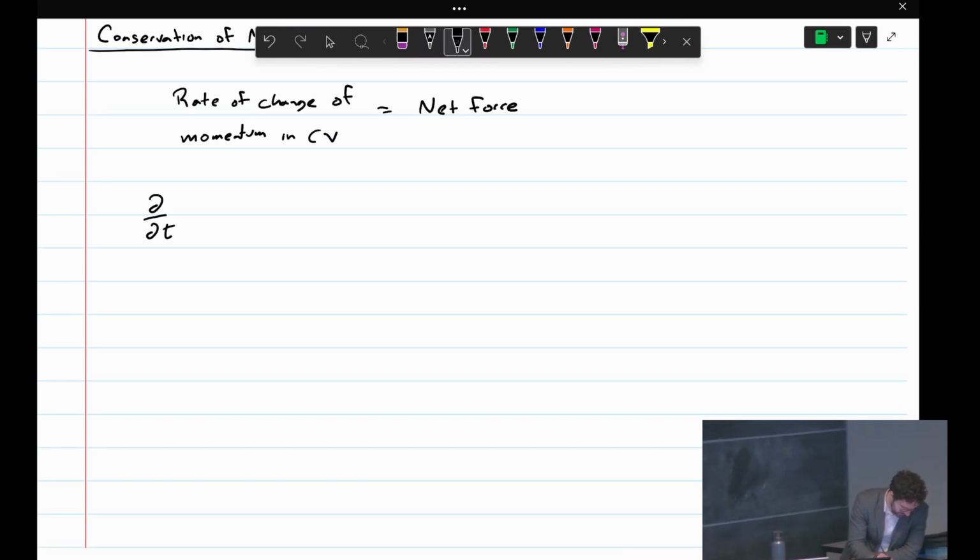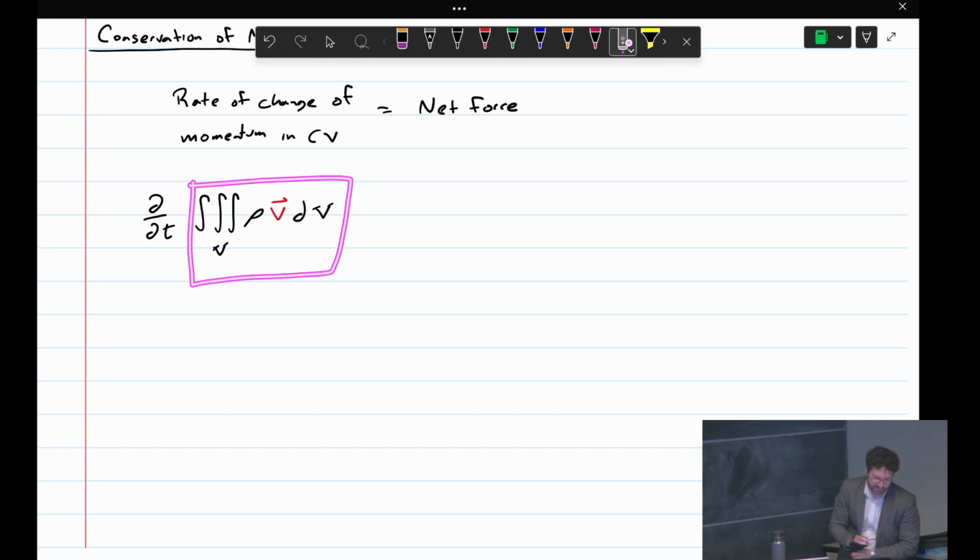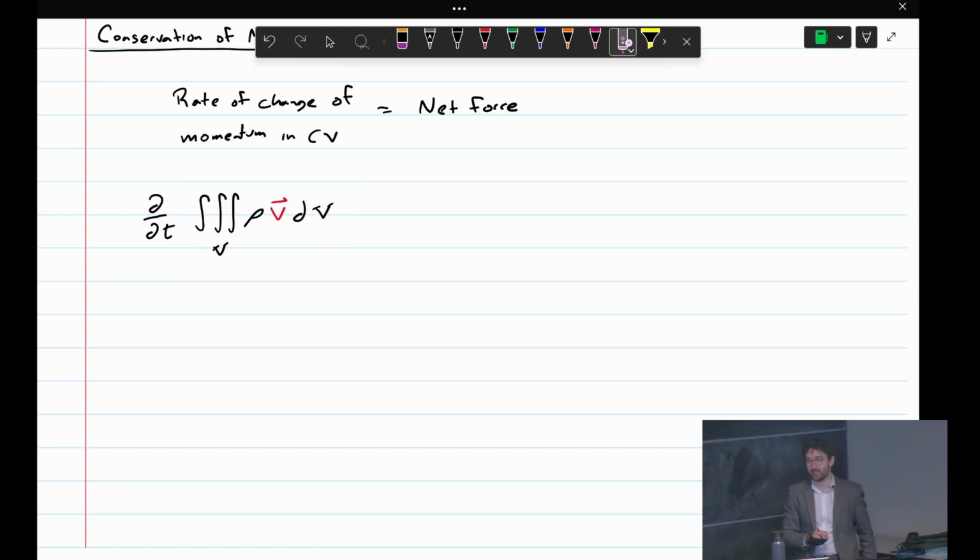The integral relation is this. It's the volume integral of the momentum in our CV, so rho v dV. If you ignore this partial by partial t, this is the volume integral of our CV's momentum.